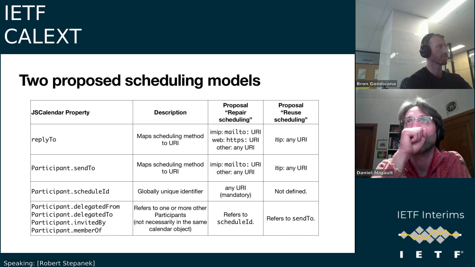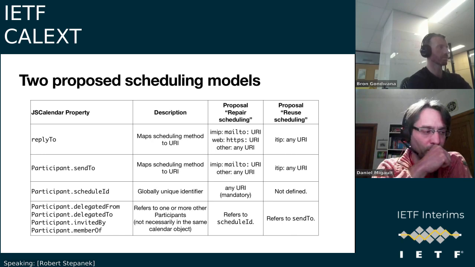So let me say this. Almost everything here is simple to map to iCalendar. We can always come up with new parameters and properties. That never was the issue. The issue is that an arbitrary JS Calendar participant is not actually a representation of the iCalendar model.